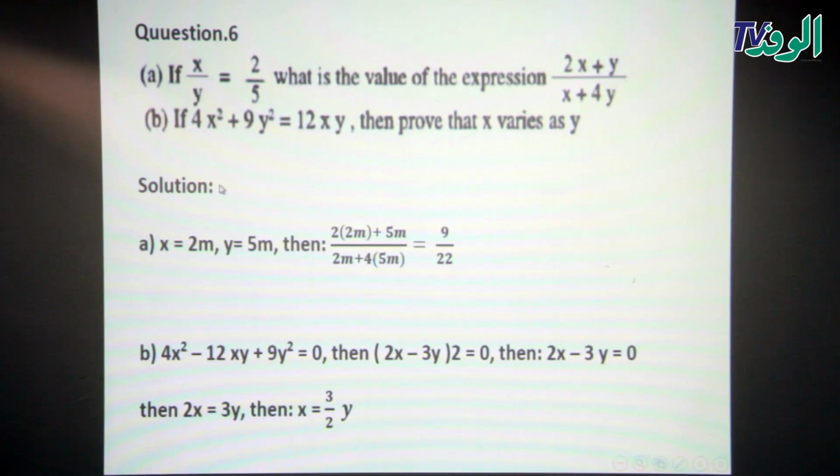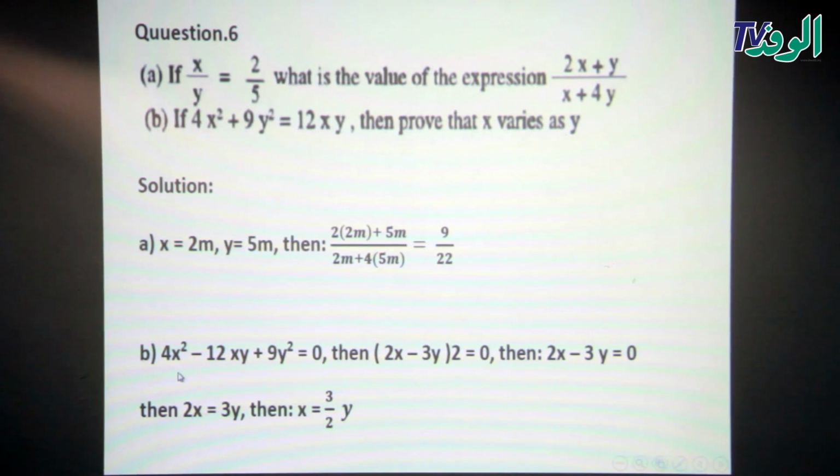Number B, 4x squared plus 9y squared equals 12xy. Prove x varies as y. We can see that it's a quadratic equation, so we must make the right hand side 0. So move 12xy to the other side to be the middle term, and when we move we change the sign.